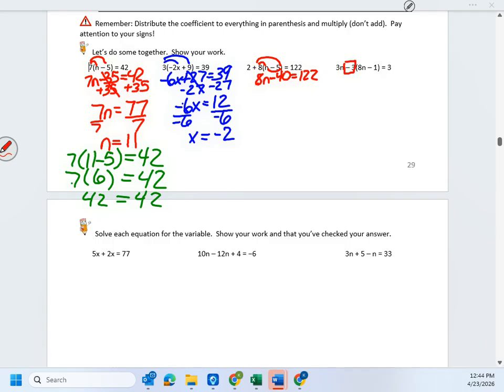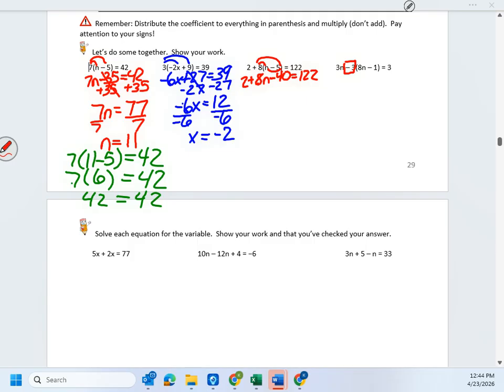What else do I need to bring down? Plus 2 plus. Okay, so make sure you're bringing down all the pieces of the original equation. We did the distributive process, so we were able to bring that down, but we have to remember to bring down that 2 plus that's at the beginning.